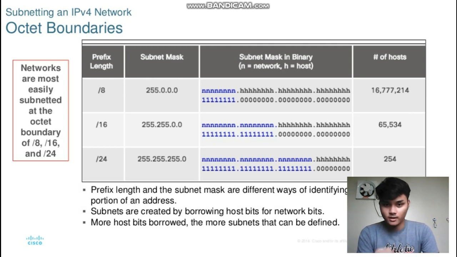As you can see, 255 means it is the network, and 0.0.0 means they are all hosts. The number of hosts in /8 is 16,777,214, and so on. The prefix length and the subnet mask are different ways of identifying the network portion of an address. Subnets are created by borrowing host bits for network bits. The more host bits borrowed, the more subnets that can be defined.